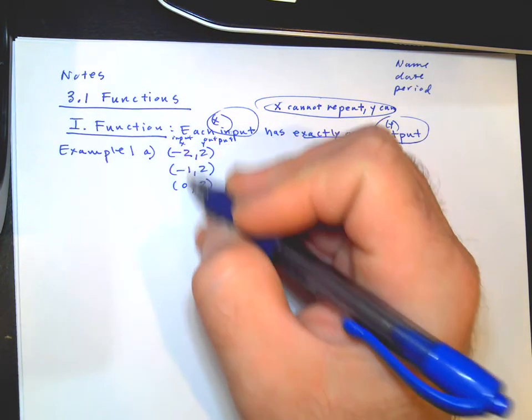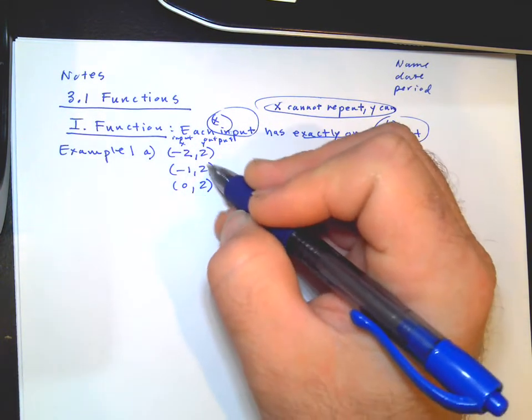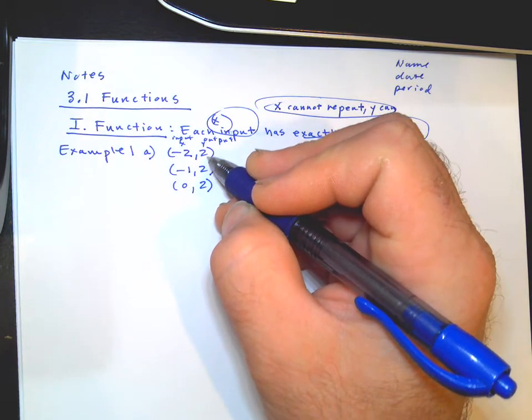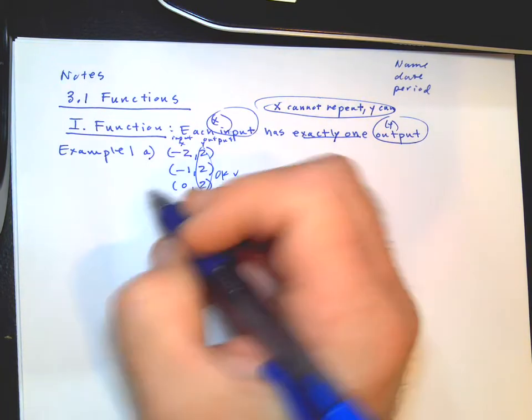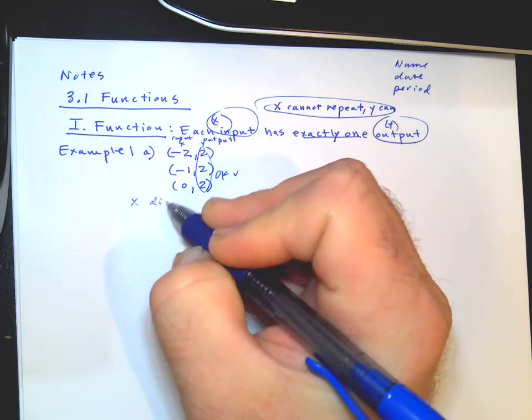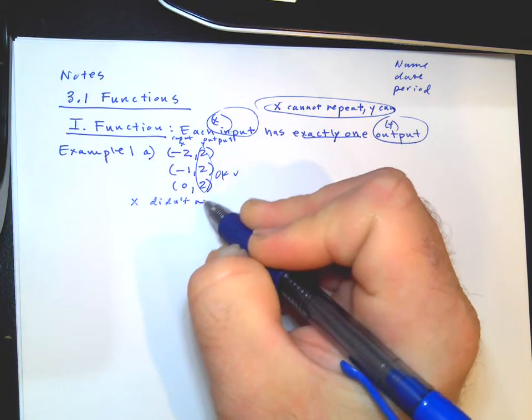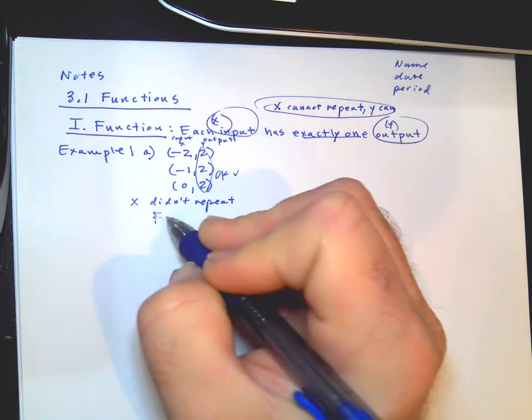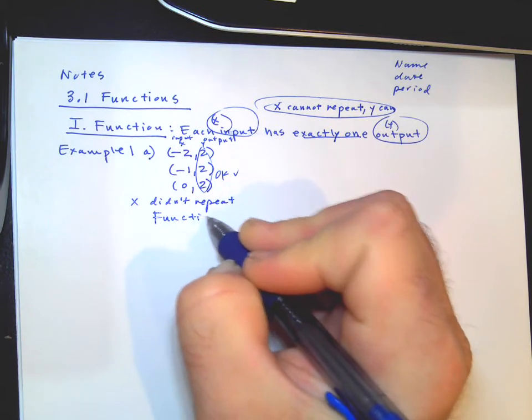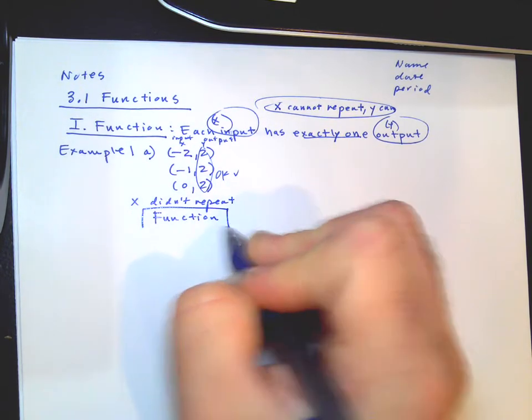Now, there's no repeated x's, which is good. Repeated y's, that's okay. Okay, but since x didn't repeat, this isn't something that you would usually write, but we're just writing it right now in our notes. Since x didn't repeat, it is a function. Okay, so the answer is function. That's what you're going to box.